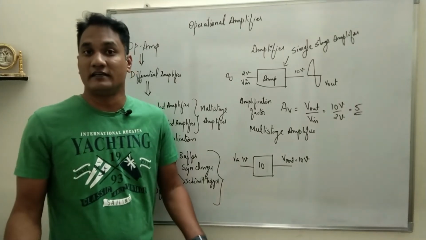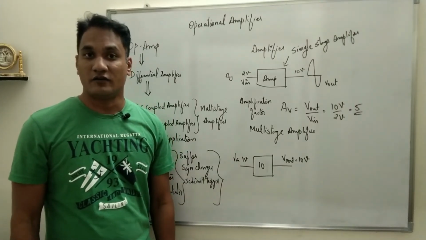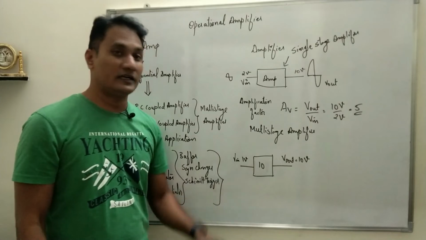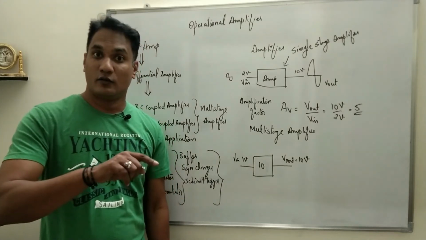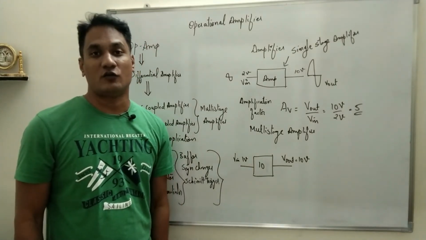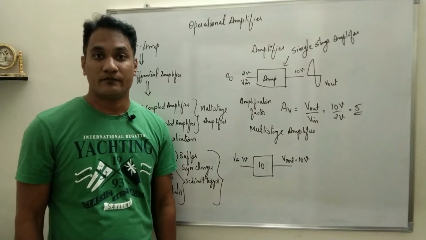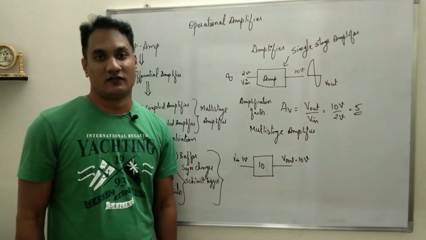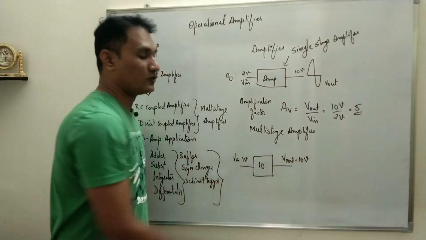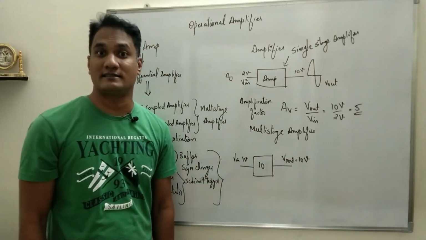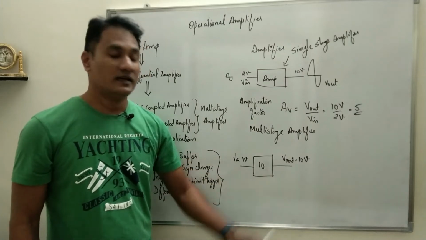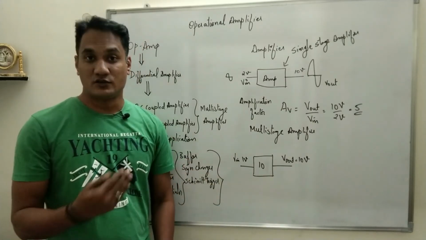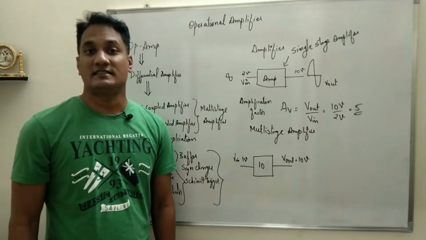That means I cannot increase the gain factor, it has to be 10. But still what I want is I want the output to be 1000 volt. Is it possible with the single stage? Of course not. The maximum output voltage with a single stage amplifier, what I'm going to get is 10 volt, and that is where we use multi-stage amplifier.